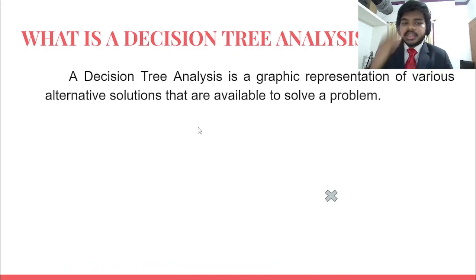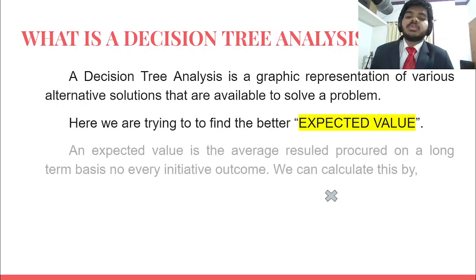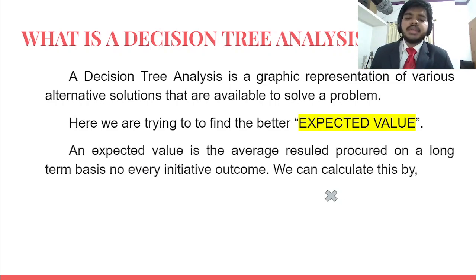Decision tree analysis is a graphical representation of various alternative solutions that are available to solve the problem, and here we are trying to find the better expected value. So what's an expected value? Expected value is an average result procured on a long-term basis.